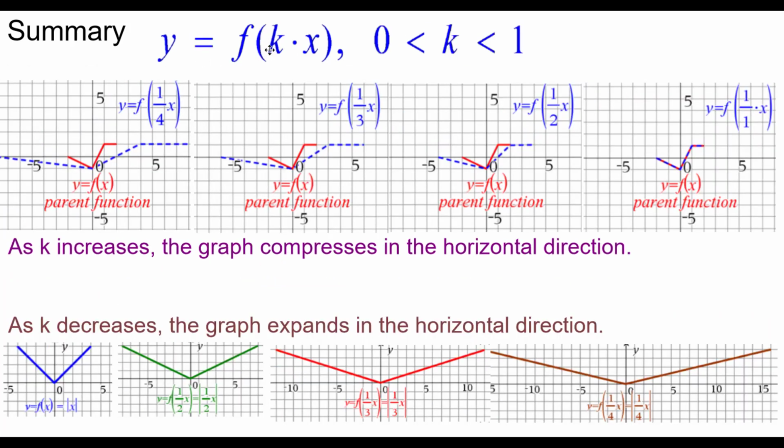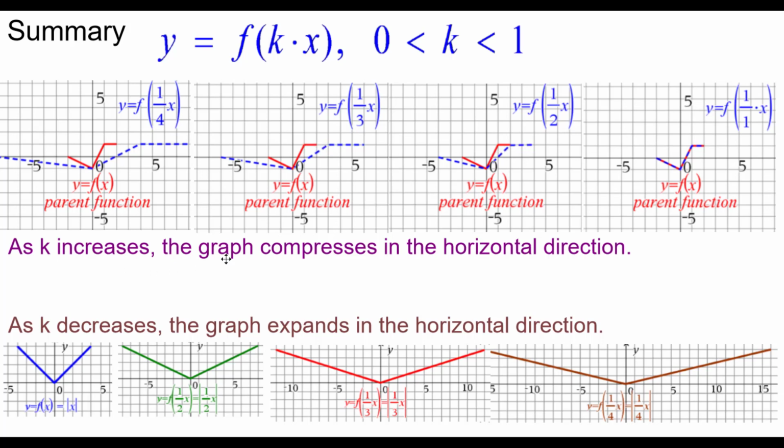Here, y equals f of some number times x, where k is a number between 0 and 1. Here along the top, we're going from f of 1/4 x to 1/3 to 1/2 to 1x. So the value is increasing each time. And notice what is happening to the dashed function.